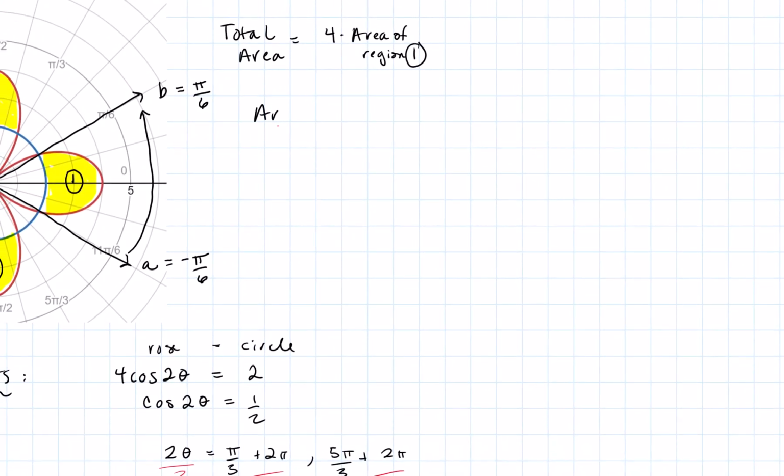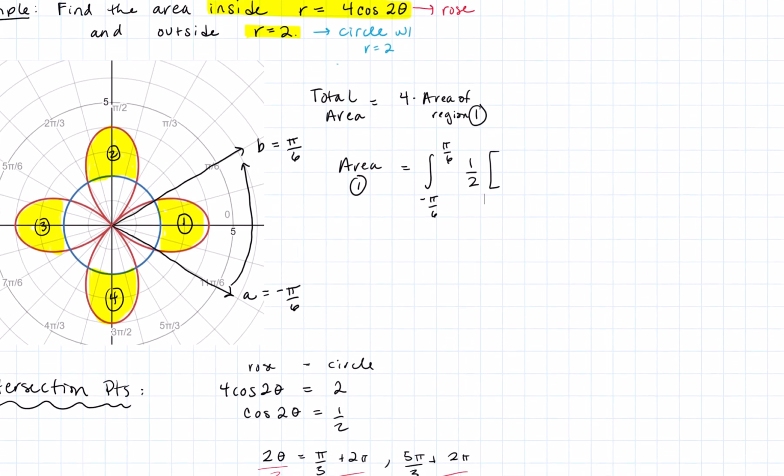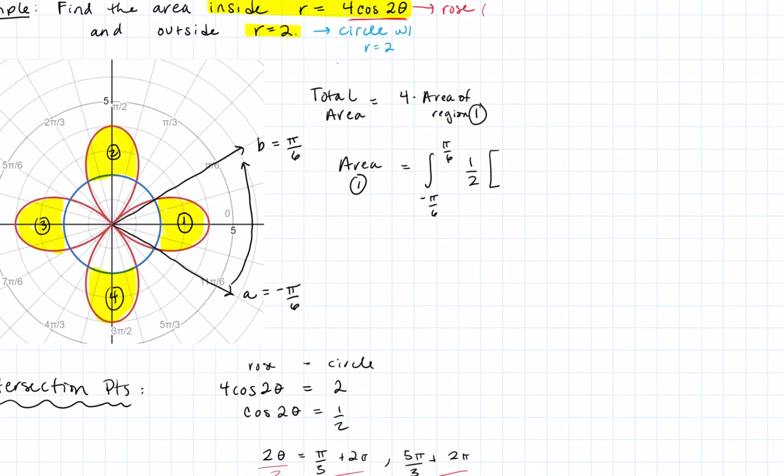So the area of region 1 is going to be equal to the integral from negative pi over 6 to pi over 6 of 1/2 times, now the outer curve is my red curve. My rose is my outer polar curve, and grabbing the blue, my circle is my inner curve.